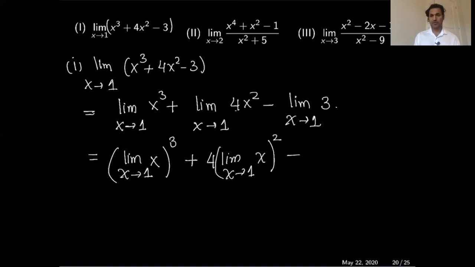And the limit of the constant is the constant, so it's just negative 3. The limit as x approaches 1 of x, by the first property, is 1, so 1 to the power 3. The limit of this is also 1, so 1 to the power 2, minus 3. If I simplify this whole expression, I will get 2.